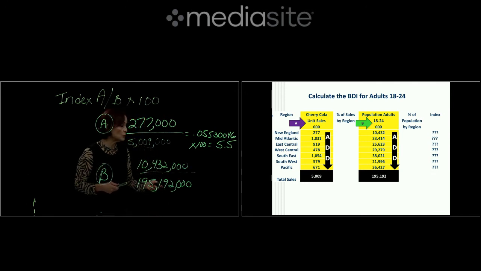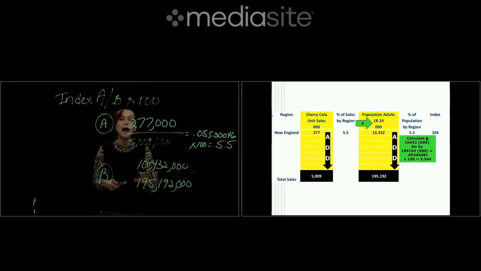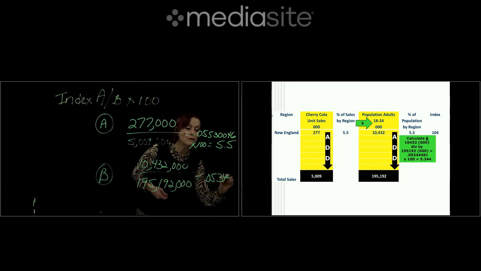So let me go to that chart of B. Okay. So now what we have to do is divide 10,432,000 into 195,192,000, the total population of adults 18 to 24 for all the regions, and this gives you 0.0534481.